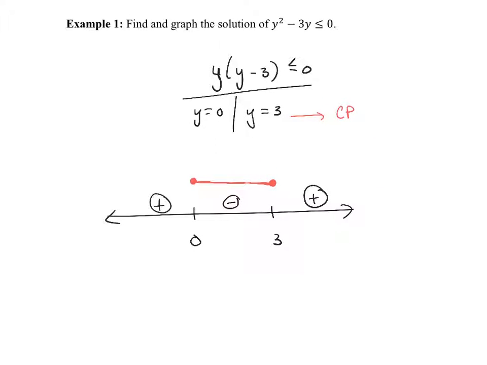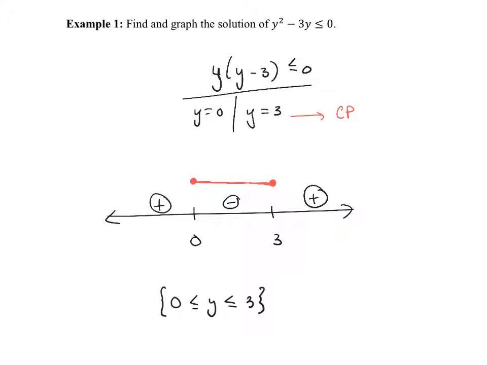So an answer for this becomes the following. Okay, my answer becomes the following. From 0 up until 3, including the endpoints.